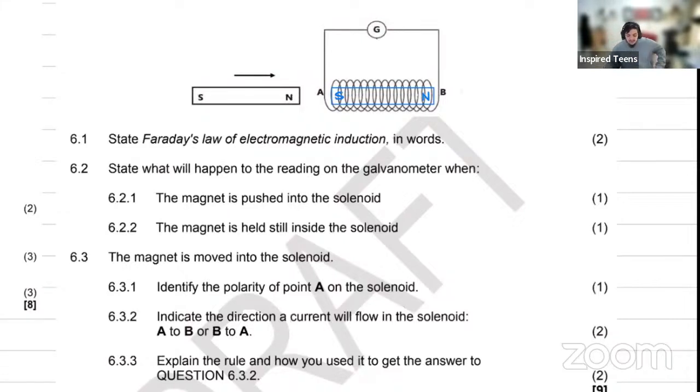Okay, identify the polarity of point A on the solenoid. You guys can give your answers quickly. What do you guys think?